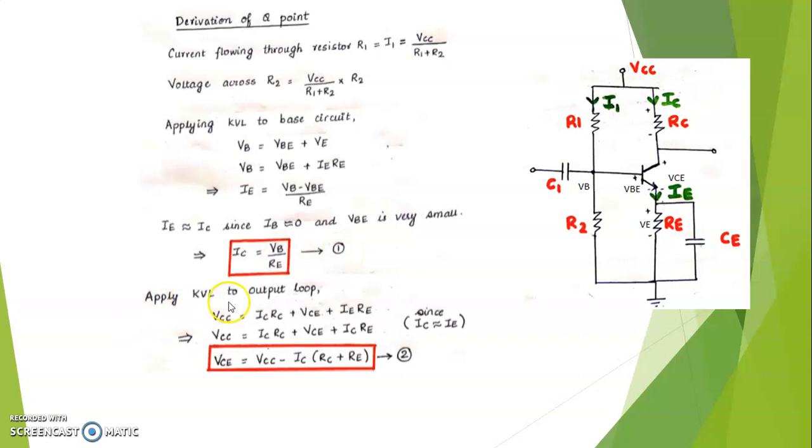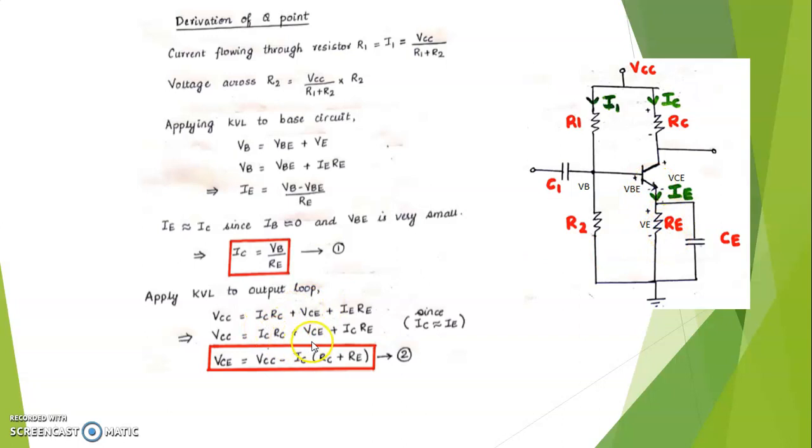Second, we'll apply KVL to the output loop. The output loop is this, starting from VCC through RC till VCE, IERE and finally to the ground. So let's write the equation. VCC is equal to ICRC plus VCE plus IERE.